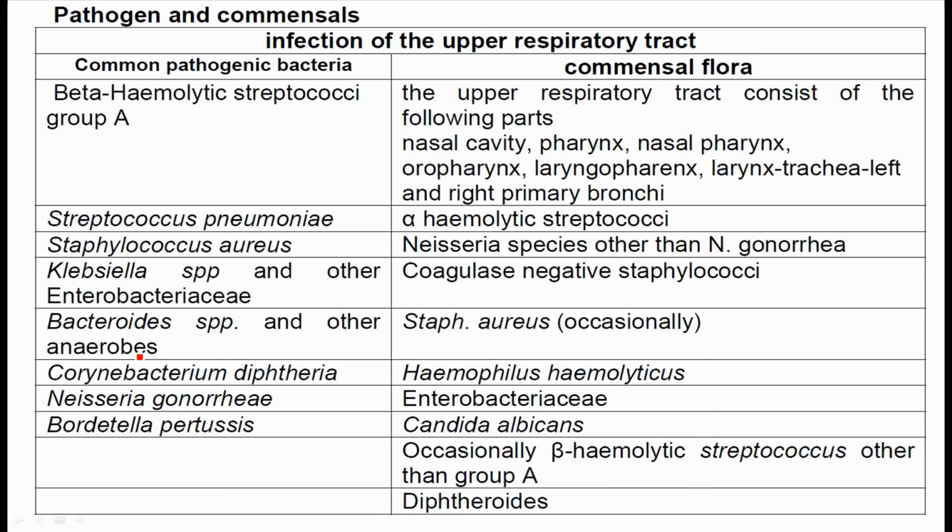Next pathogenic bacteria is bacteroides species and other anaerobes. And the commensal flora is Staphylococcus aureus, and this is occasionally.